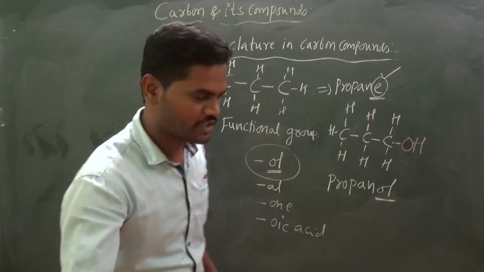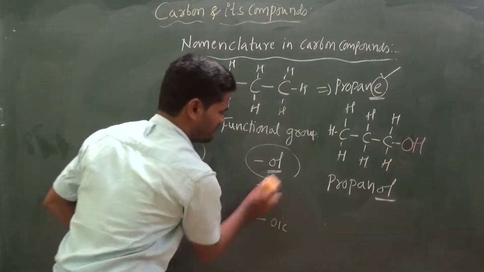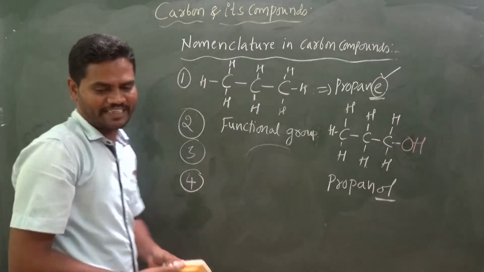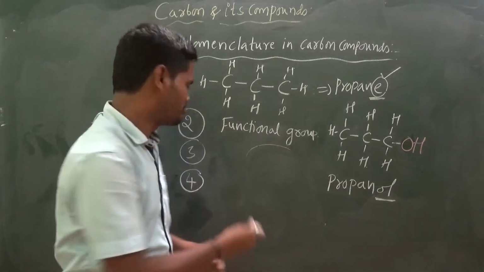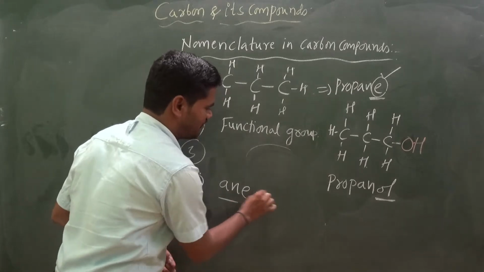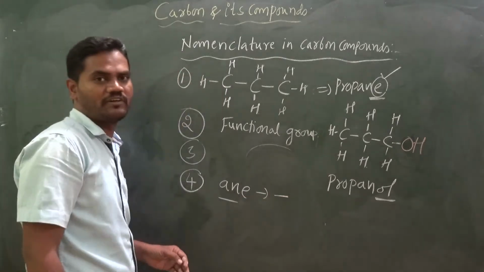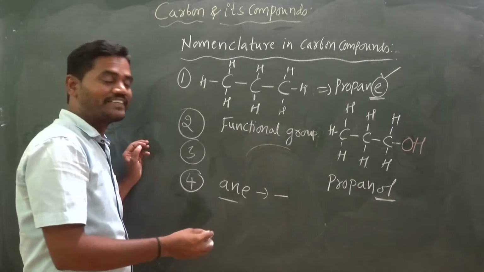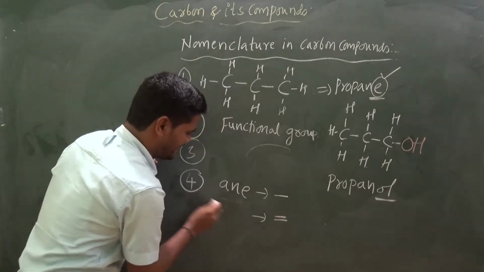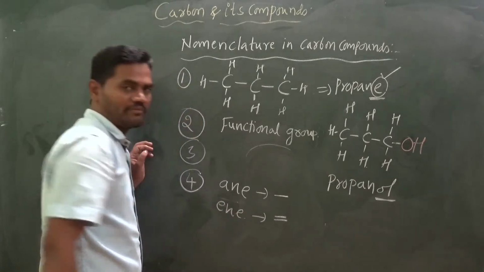And the next one is the fourth point. Suppose your organic compound is saturated, you have to use ANE, only for single bonds. Suppose your organic compound contains an unsaturated hydrocarbon, you have to use ENE. ENE means a carbon-carbon double bond.